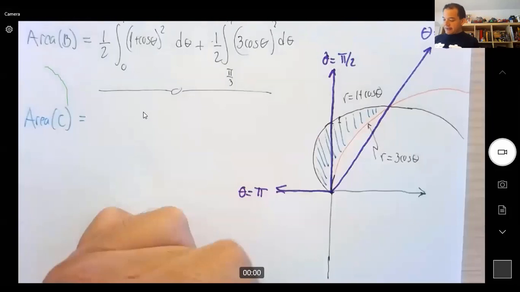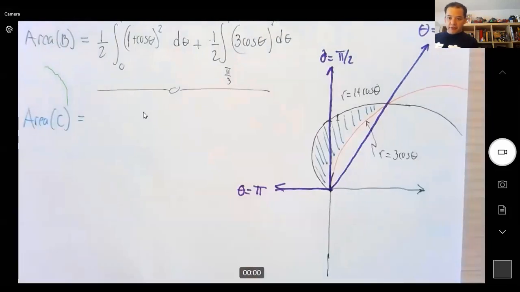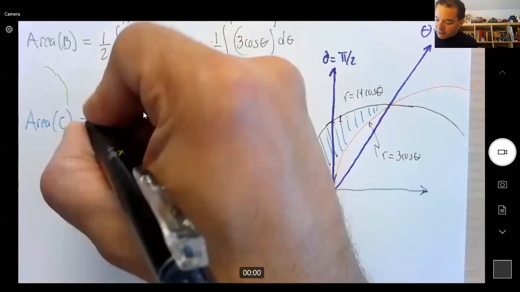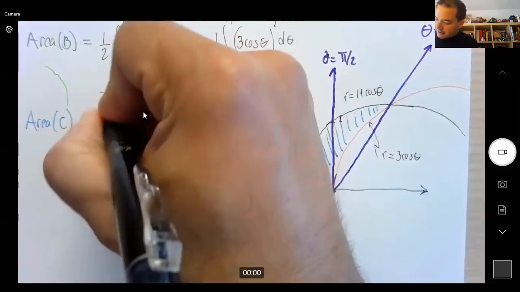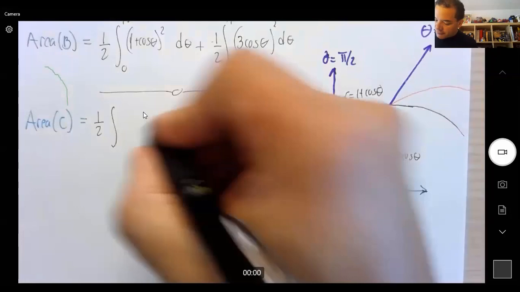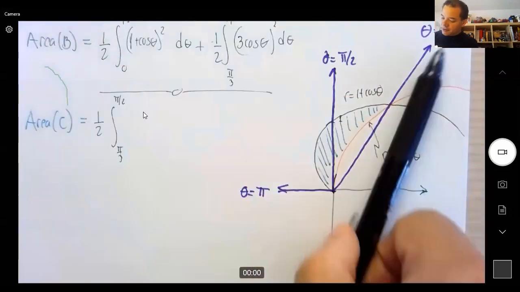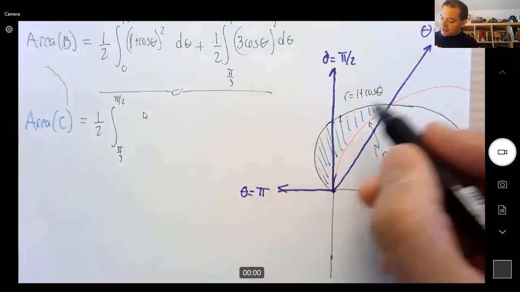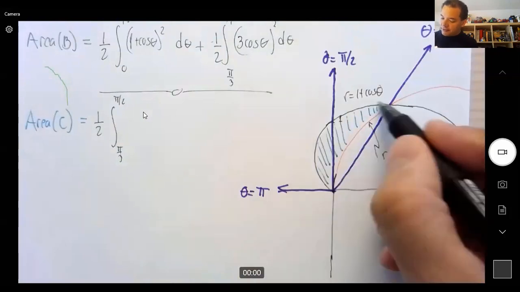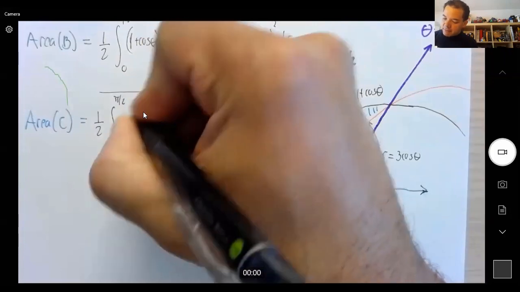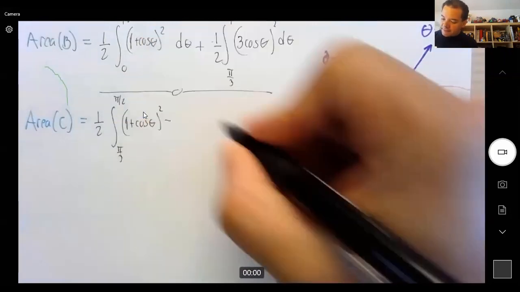So let's set up the integral. The area of region C should be 1/2 the integral from pi over 3 to pi over 2 of the outer function, which is in this case the cardioid, minus the inner function.